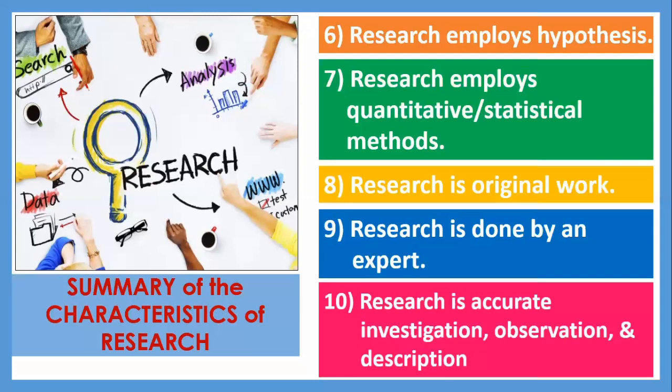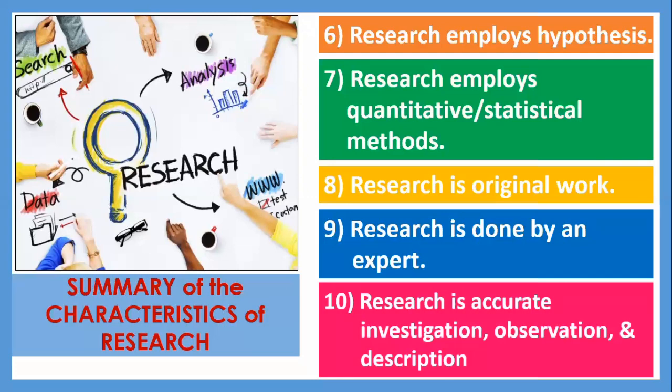And not from secondary sources or usually printed materials such as books or thesis, etc. And for number 10, we can also tell that research is accurate investigation, observation, and description. In fact, every research activity must be done accurately so that the findings will lead to the formulation of scientific generalizations. All conclusions are based on the actual evidence.